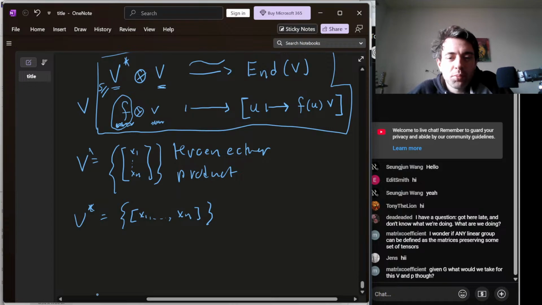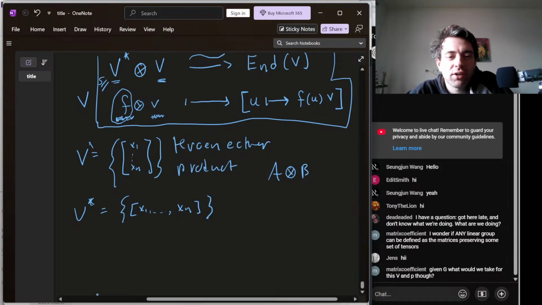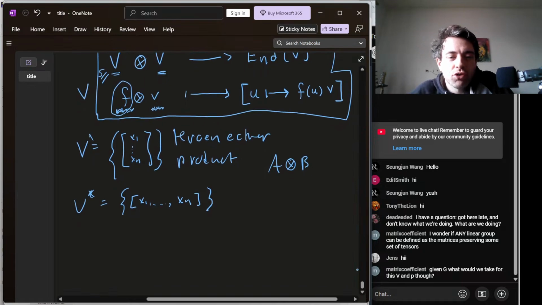Then the Kronecker product is some sort of tensor product of matrices, and you might look at it and be like, oh, why is it defined like that? What does it have to do with this abstract tensor product? Maybe I should have written V and V star on the other side. It doesn't matter. It makes sense either way. Of course, if you wanted the dot product of these two vectors, you would multiply them on the side that makes sense for these matrices to get multiplied on.